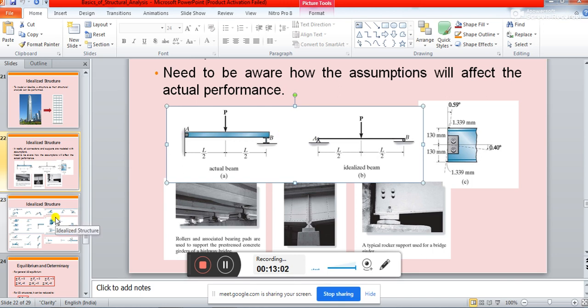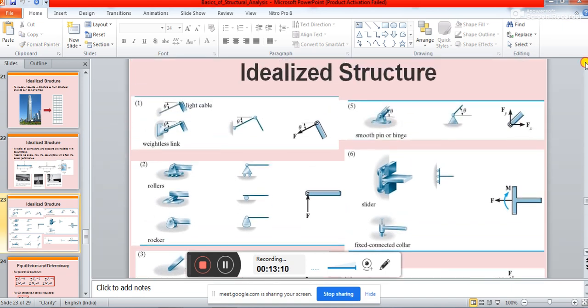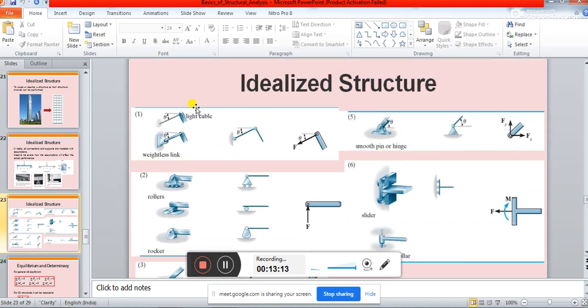Now next let us go to some more on idealization. You see, these are some diagrams again of some supports of idealized structures. You see, this is basically a cable attached to something.